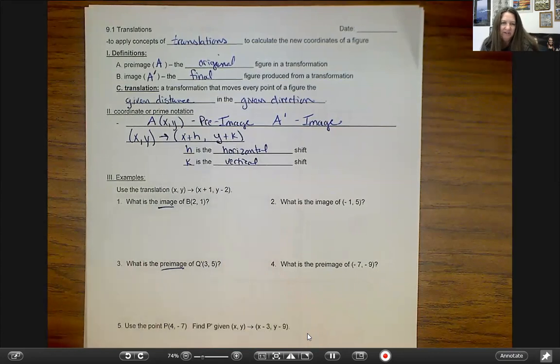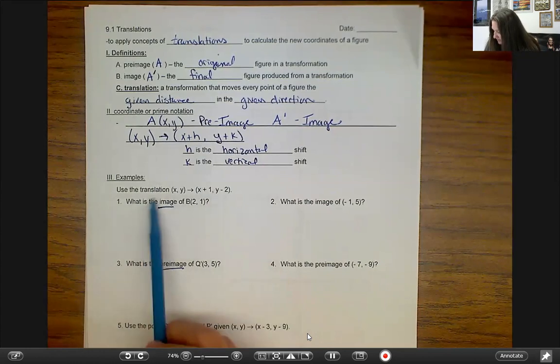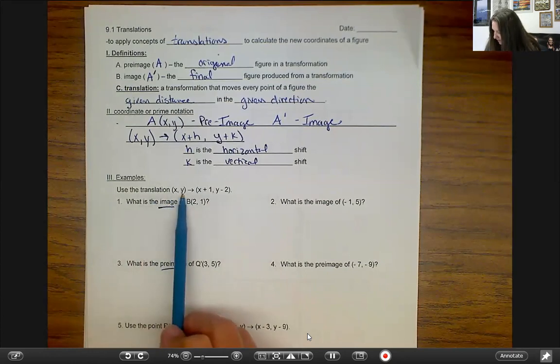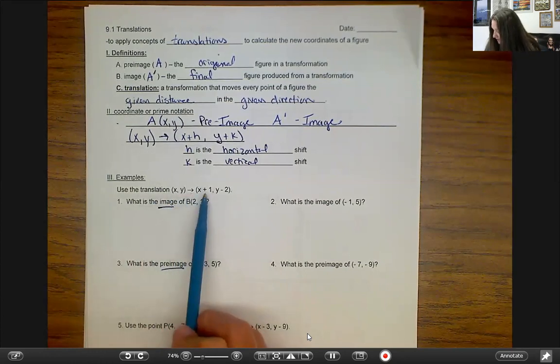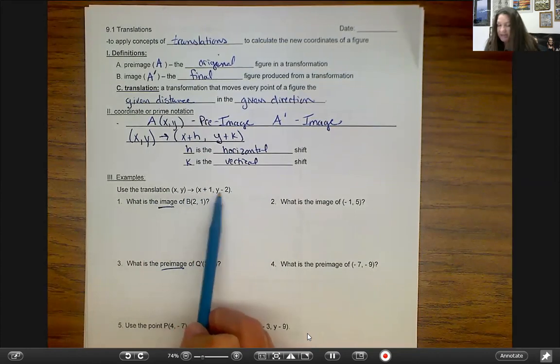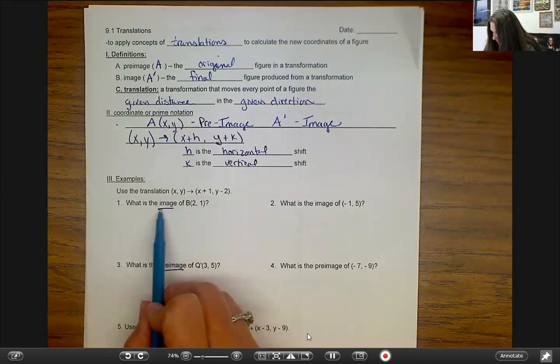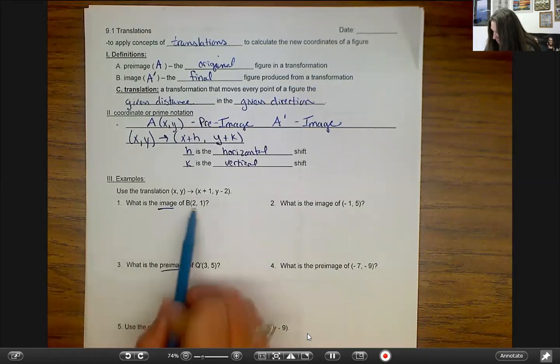So if we were looking at just identifying what's going to happen with my coordinates, we're going to use this first translation rule, where a point x, y is going to translate to x plus 1, y minus 2. So we're just going to plug that in. We want to know what the image of B would be.